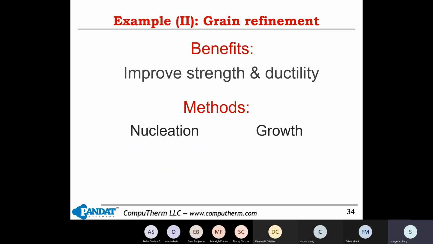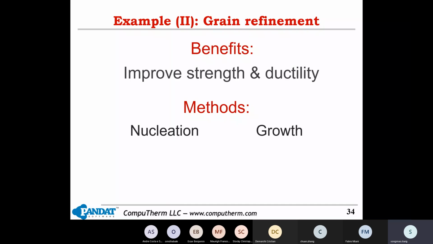The second example is about grain refinement. We know grain refinement has many benefits, and one of the most important is that it can improve strength and ductility simultaneously. To get a better grain size or refined grain size, normally we have two methods.